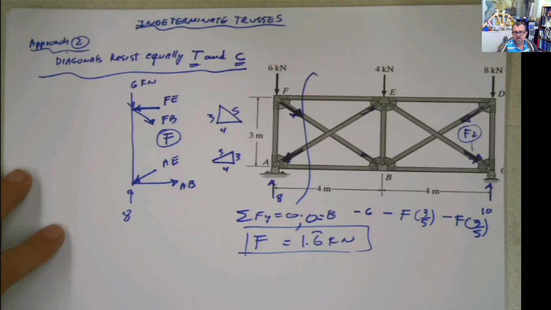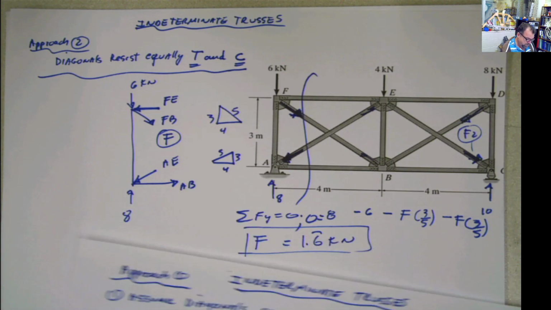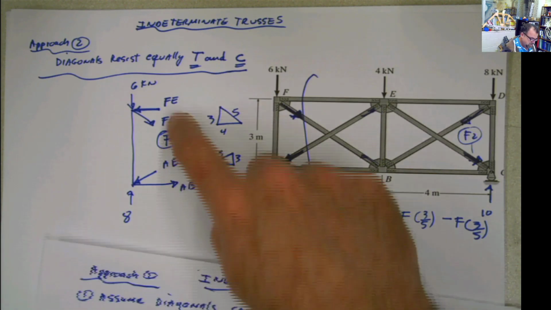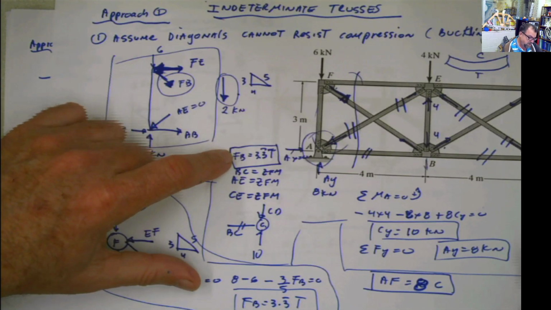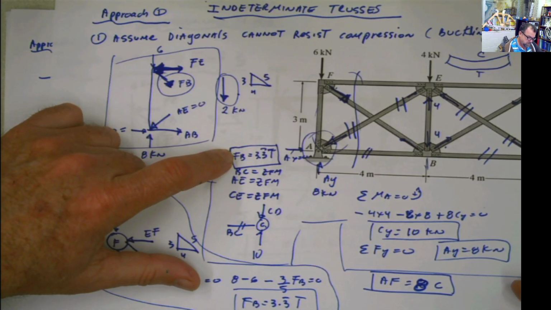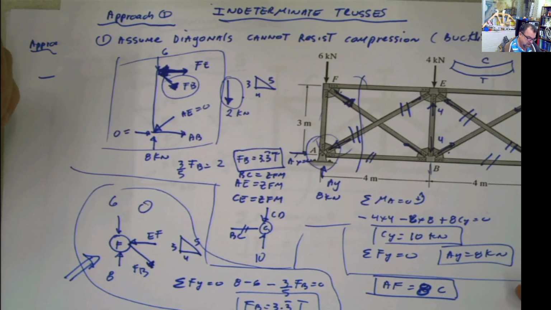And once again, it's an assumption, period. Who is going to tell me which one of the methods is better? I don't know. Now, compare both methods. In the previous method, the force FB was 3.3, but the other force was 0.